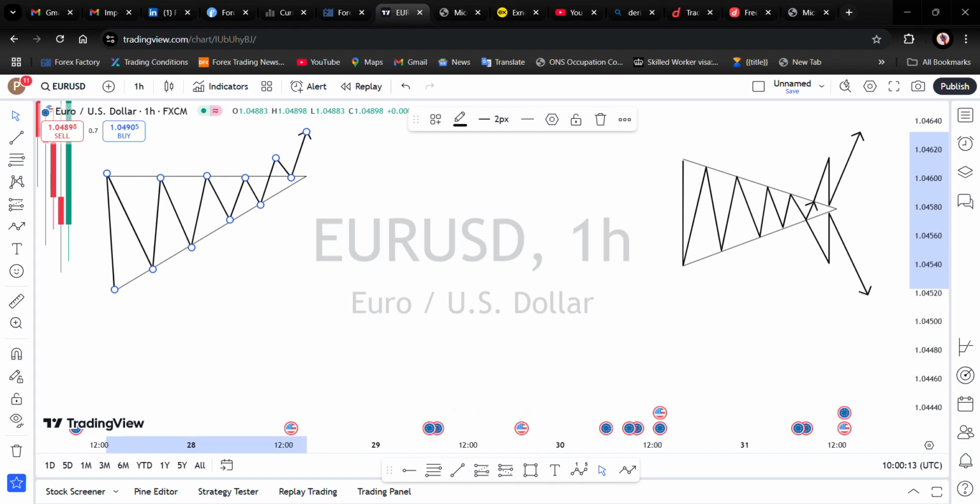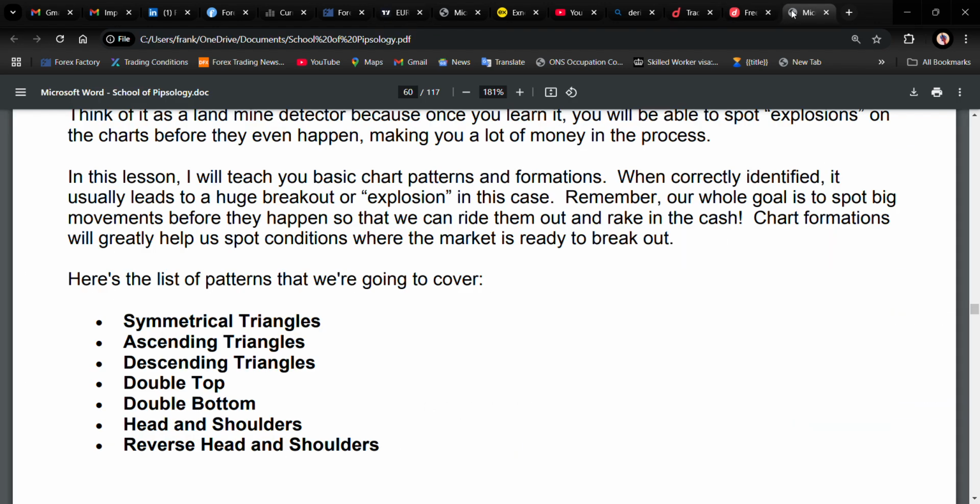The same goes for the descending triangle. When we come again, we see the descending triangle.